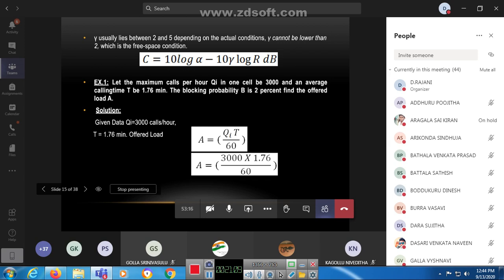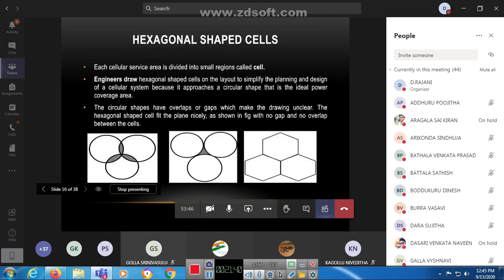Q1 is 3000 calls per hour, whereas the calling time duration is 1.76 minutes. This is the offered load. A is equal to Q1 T by 60, where Q1 is calls per hour. So 3000 by 60 into the duration time 1.76. For that we can get the answer.